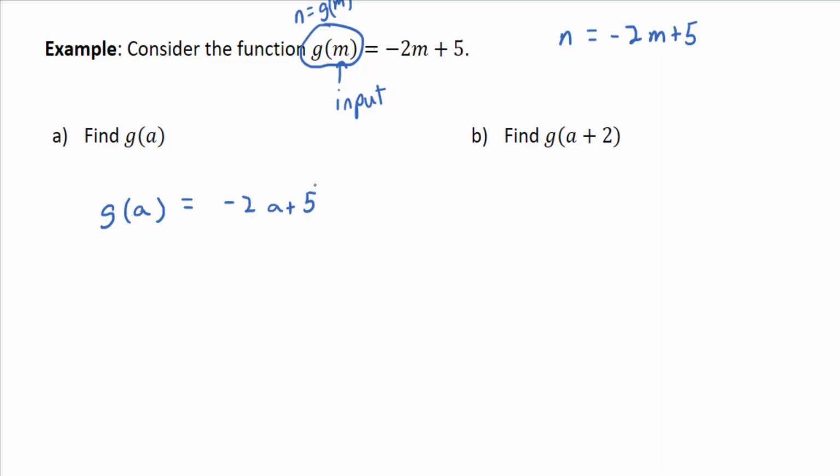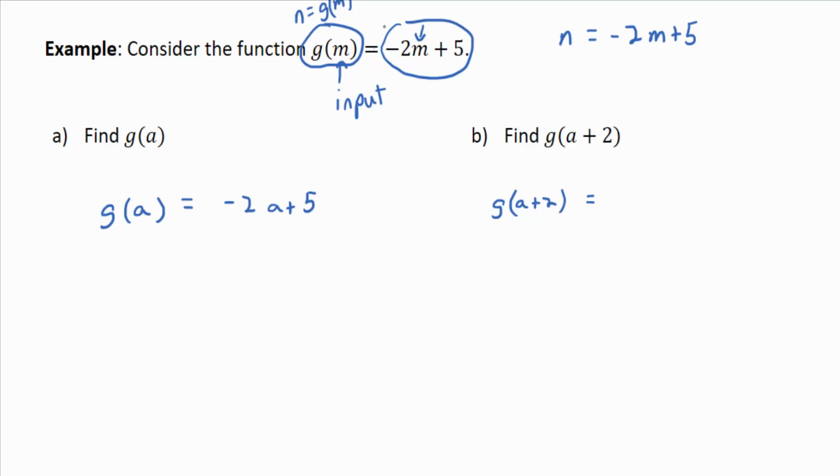Ooh, what about g of a plus 2? Okay, so here's a good opportunity. If you're ever confused about what the input should look like or what the formula should look like, rewrite the formula with a set of parentheses where the input variable was.